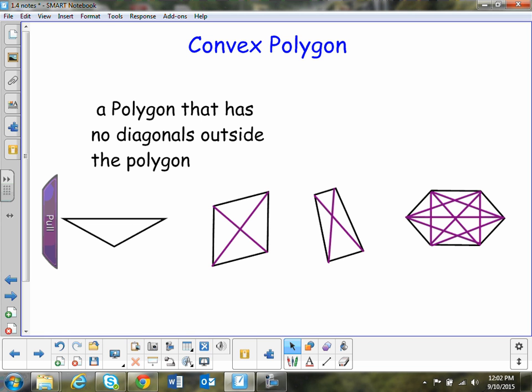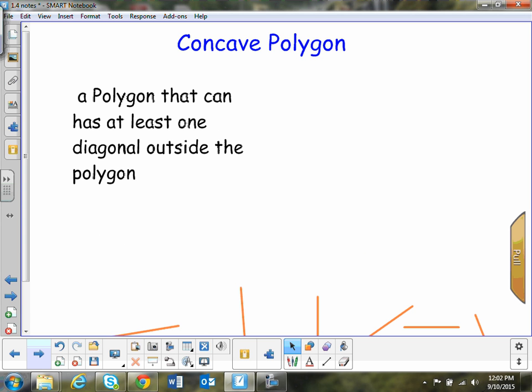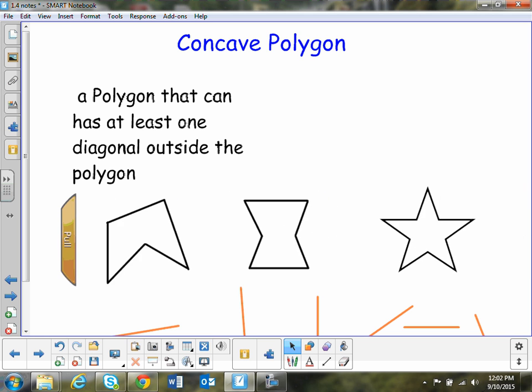Okay? The next one is concave. Okay? It's a polygon where you can draw at least one diagonal outside. So who can tell me what somebody thinks? Like a star is a concave polygon. Okay? So here's some other examples.